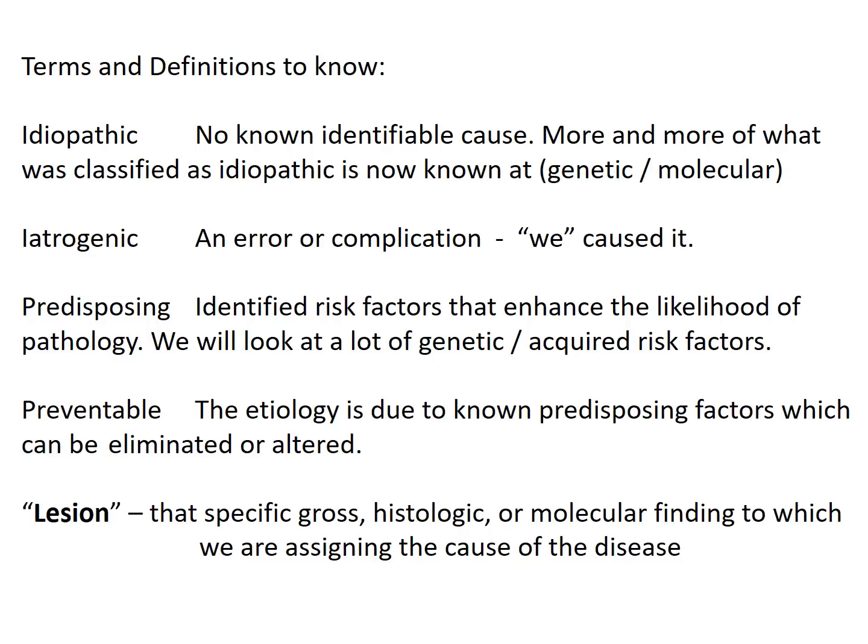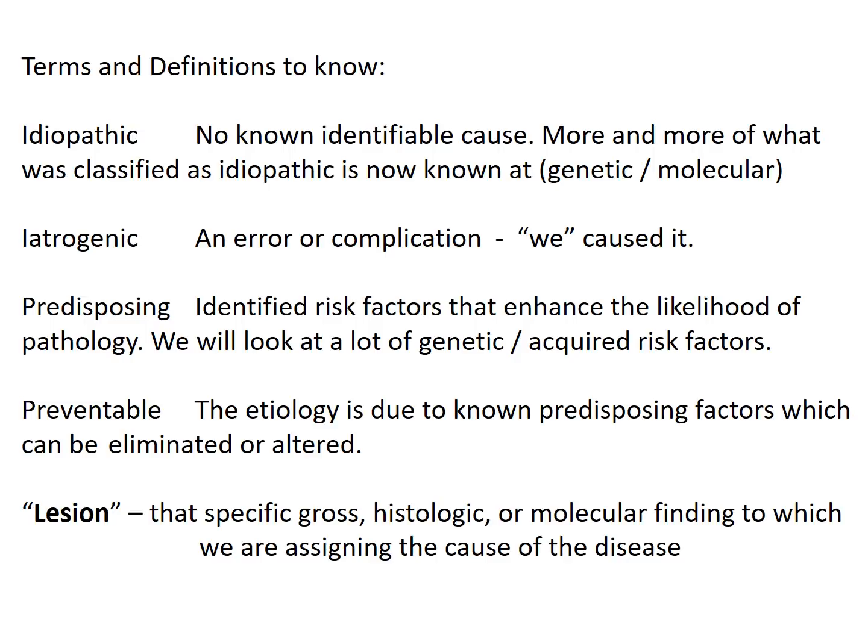And that might then be considered an idiopathic seizure disorder. Iatrogenic is a disease caused by error or a complication. Usually we in the healthcare profession cause that error, which led to the individual suffering some pathology. A nice example would be an iatrogenic urinary tract infection because of a non-sterile placement of a Foley catheter.